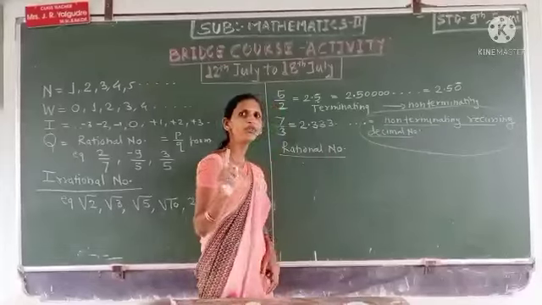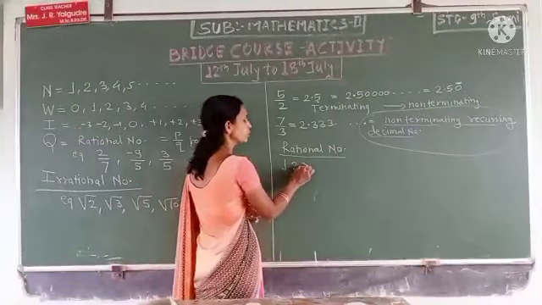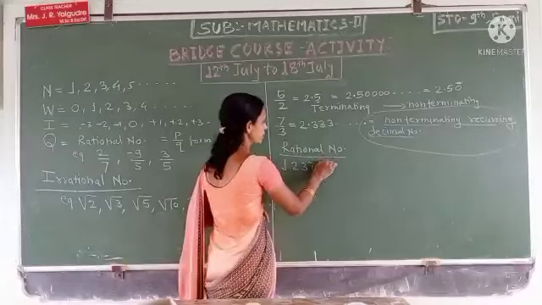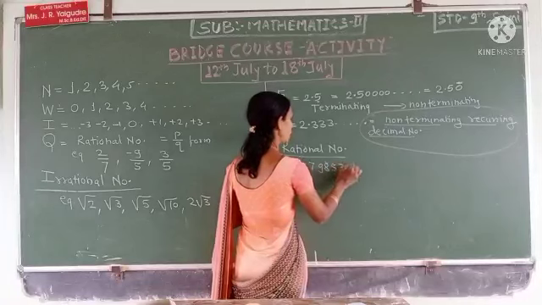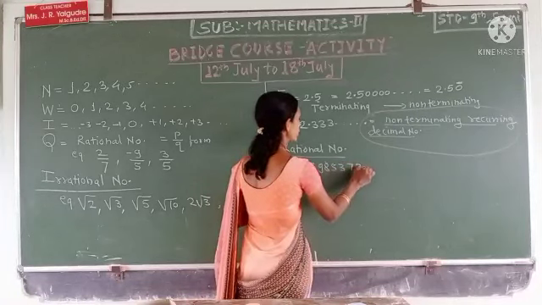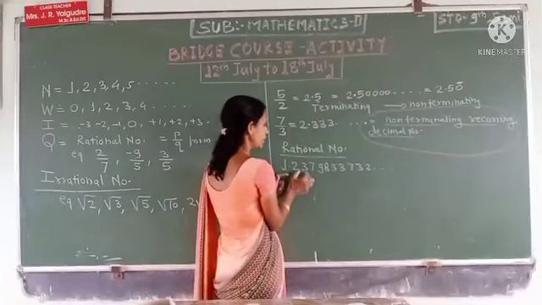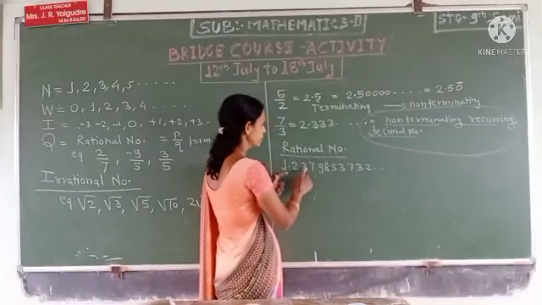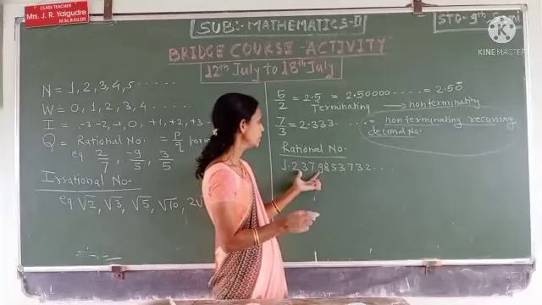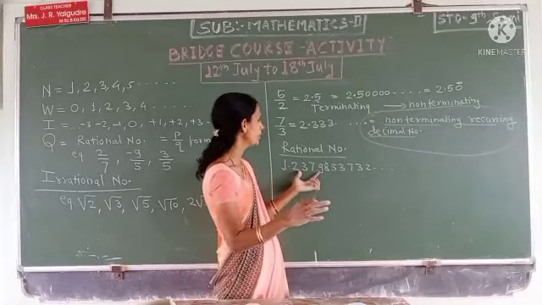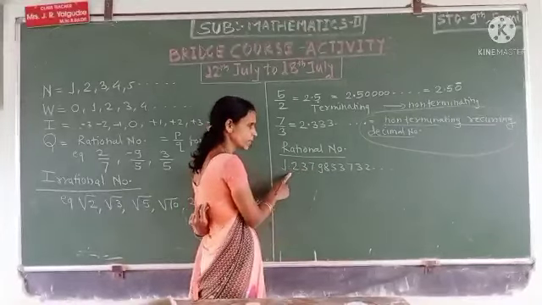There are a few numbers which we can write, like 1.23798 and so on. See here, no number is repeated in the decimal form, and no group of numbers is repeated in the decimal form of this number.